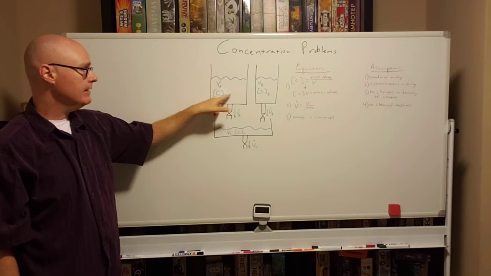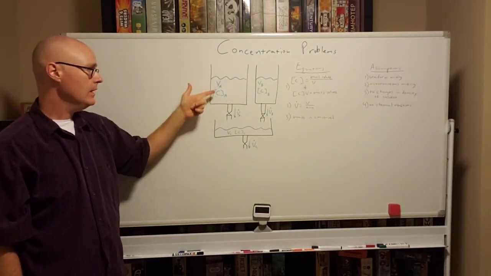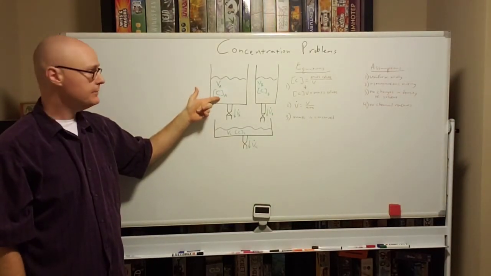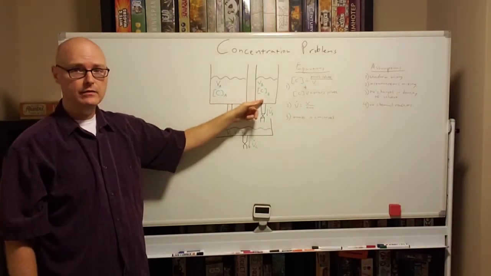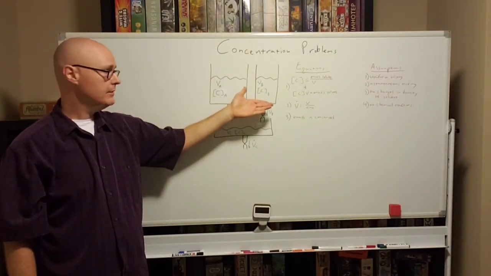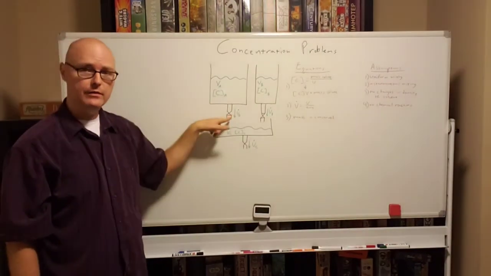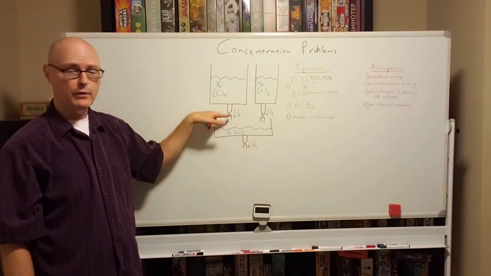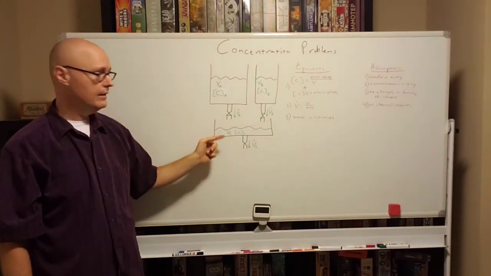We have a tank A, which has a volume and a concentration of some solute-solvent mix. We have another tank, B, with its own set of parameters. It has some valves that are open, and there's some volumetric flow rate flowing into another tank.